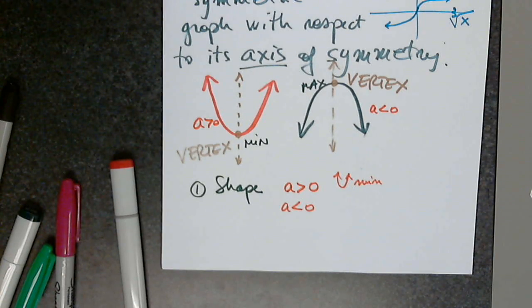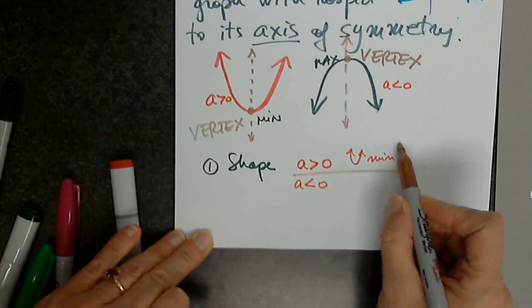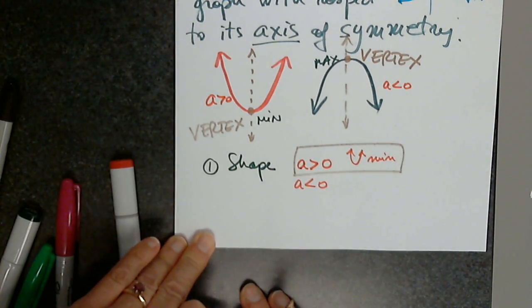So leading coefficient positive, we know for sure it has a minimum. Leading coefficient negative, we know for sure it has a maximum. Okay. So in this case, it will have a minimum.